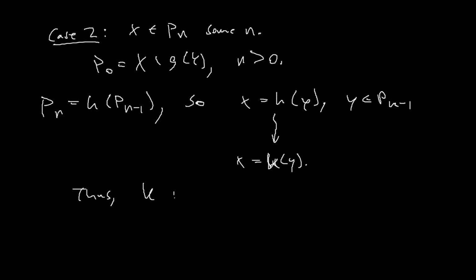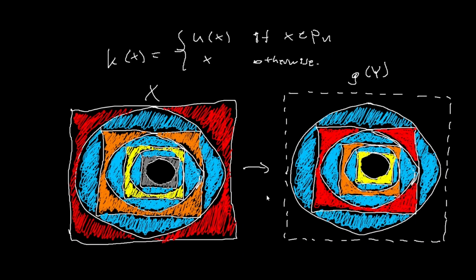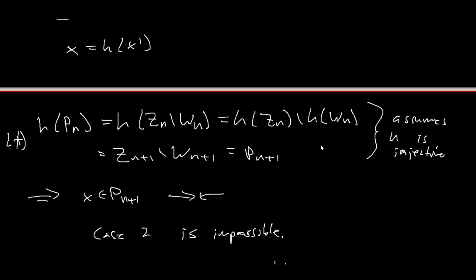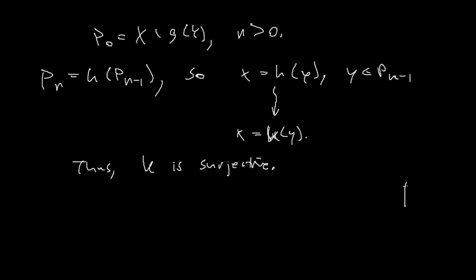Thus, K is surjective, and thus this function K, written here, is indeed bijective, establishing a bijection between X and G of Y as we desired. And that completes the proof of the Cantor-Schroeder-Bernstein theorem. There we go. Okay.